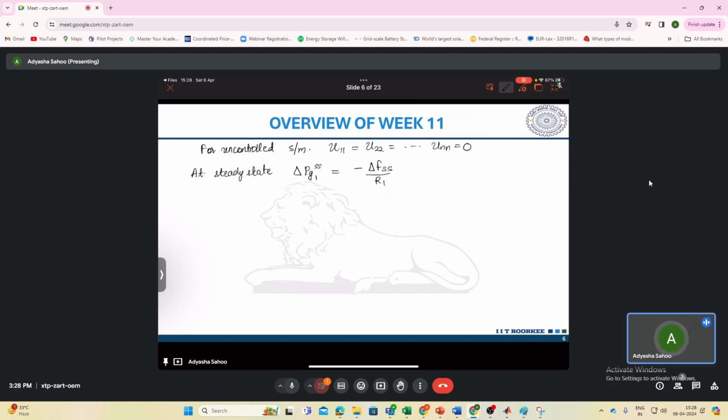Similarly, for unit 2, delta Pg2 is minus delta F SS by R2, and similarly up to nth unit. Right.